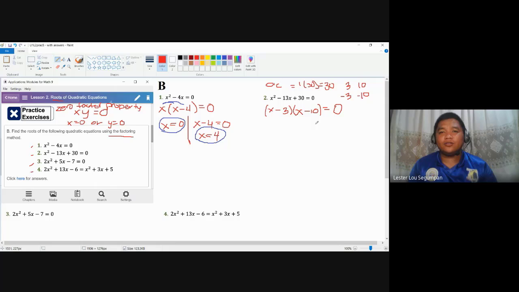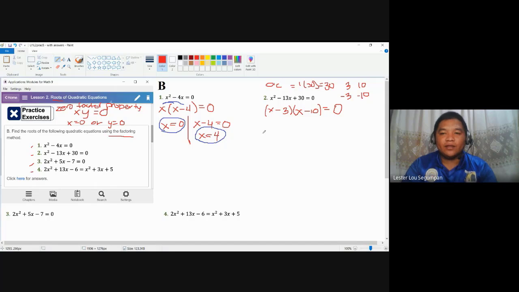If you are not sure whether your factor is correct or not, and you have less time to check using the FOIL method, you can just simply proceed with getting the roots and then determine whether they will satisfy the equation later. Because again, roots will make the equation satisfied. Let's proceed. We have two factors here.